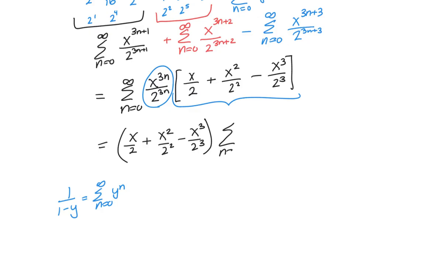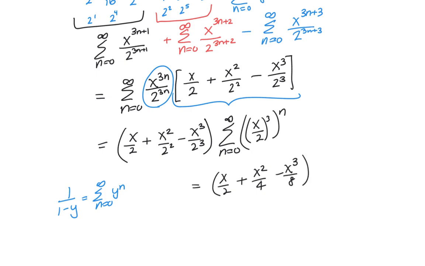So I'm going to write this as n equals 0 to infinity of x over 2 raised to the 3rd raised to the n. So then this is going to be equal to x over 2 plus x squared over 4 minus x to the 3rd over 8, multiplied by 1 over 1 minus x over 2 raised to the 3rd power.